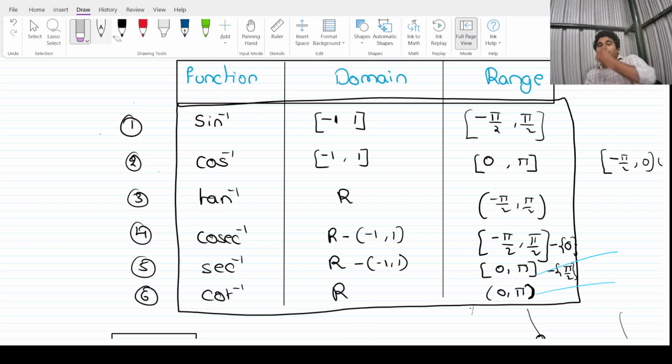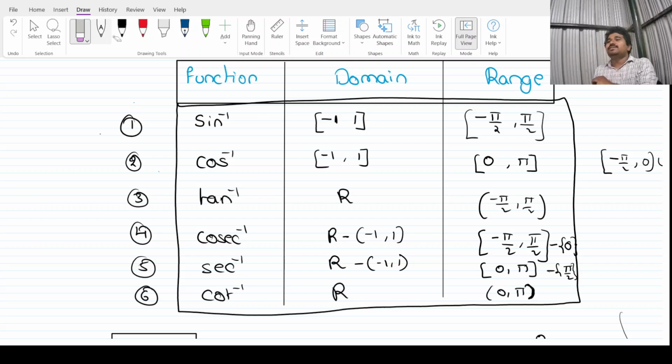Okay, please recollect this one. Sine inverse, what is the range? Minus pi by 2 to pi by 2. Cos inverse, what is the range? Range for tan inverse. Cosecant inverse, except 0. Yes or no?